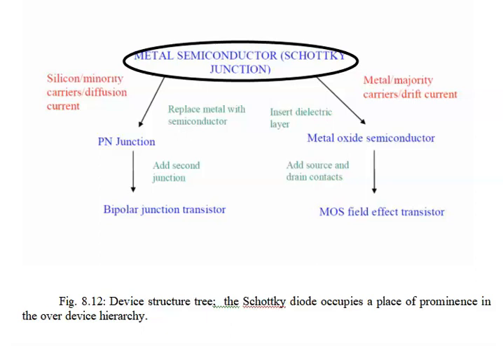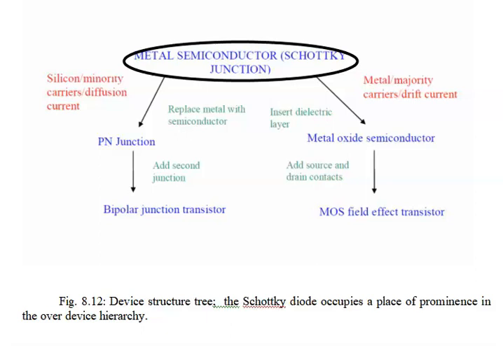The modifications are in green. If we replace the metal with a semiconductor, we get a PN junction. If we add a second junction, we get two junctions, a bipolar junction transistor, or BJT.